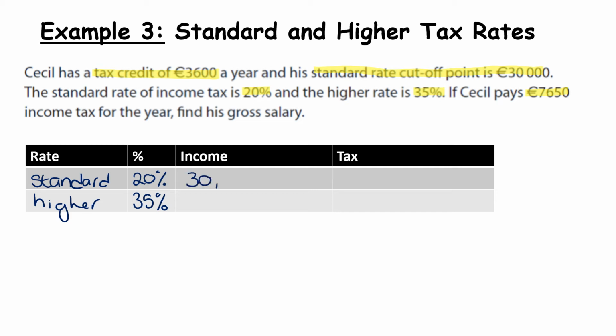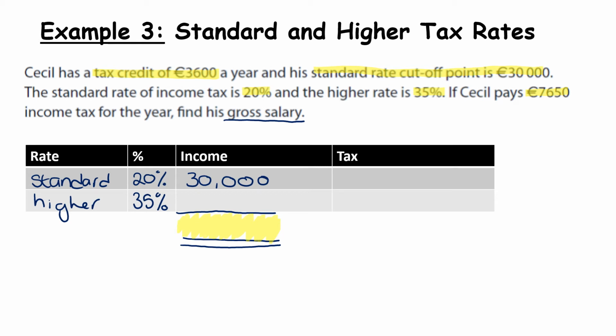So 30,000 will go here. We then would add in this total gross salary, but that's what we want. So this piece here, and I'm going to highlight it, this is what we're actually looking for. That's the answer to the question.